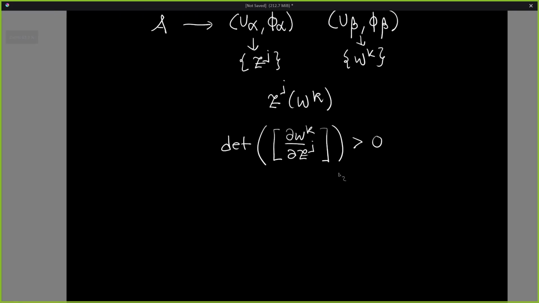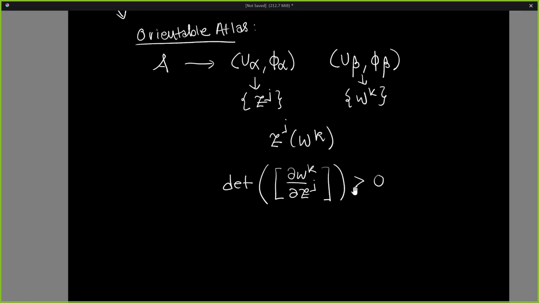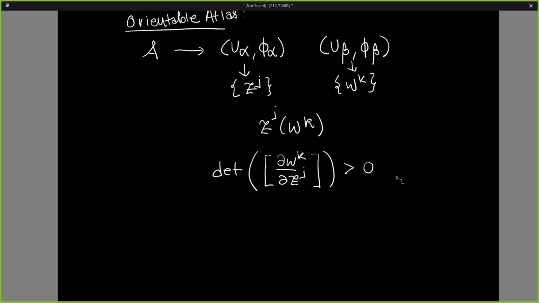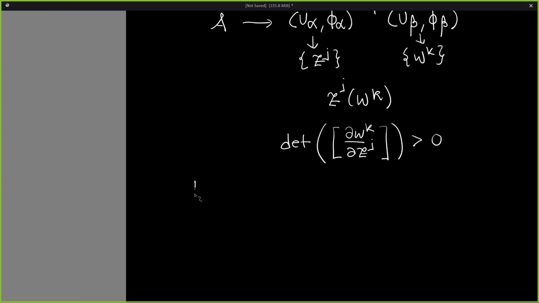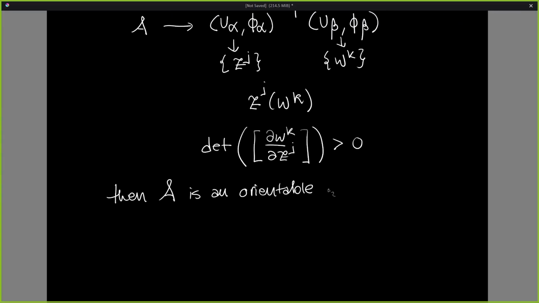So this is the determinant of the Jacobian. If this is always greater than 0 for any pair of local coordinates, then A is an orientable atlas.